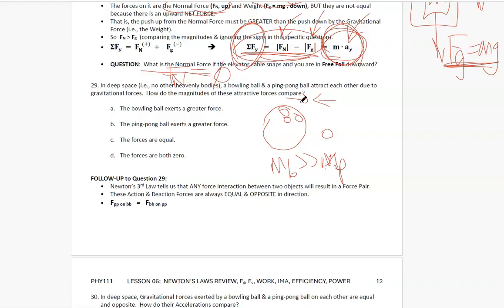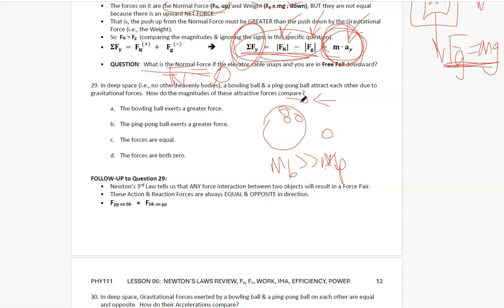But I'm going to tell you, any two objects with mass have a gravitational force between them, no matter how big or how small. Obviously, the bigger the object, the greater the gravity. And objects this small, it is incredibly hard to measure a gravitational force that's this tiny. But in theory, there is a gravitational force.